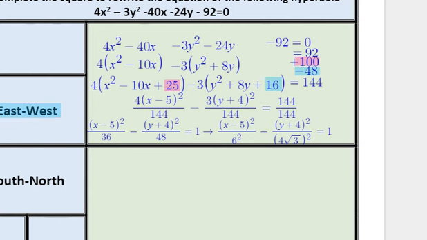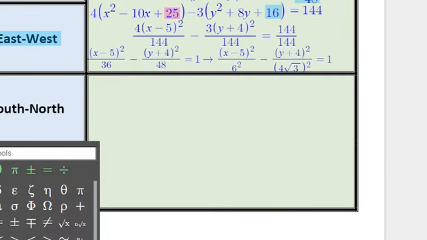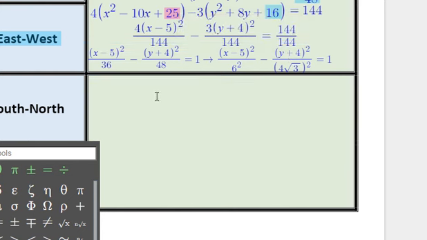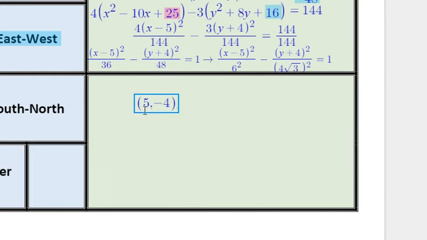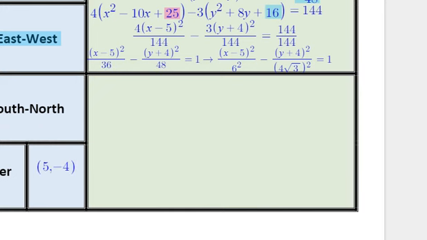The center, I just have to look at my numerator. The opposite of -5 is 5. The opposite of 4 is -4. So my center is 5, -4. And then I can take all this information, put it in my graphing calculator, and graph my hyperbola.